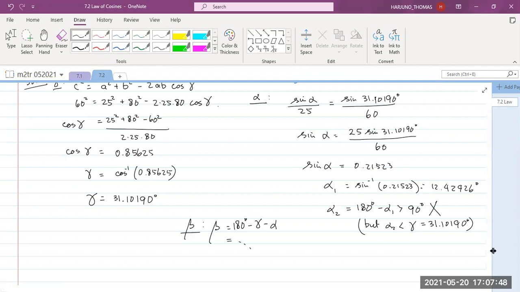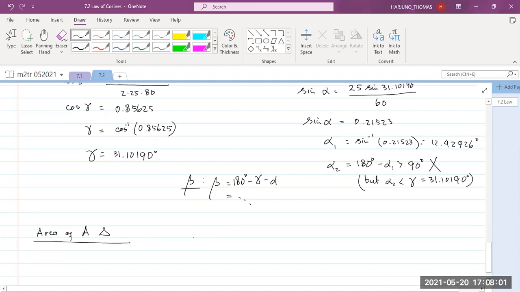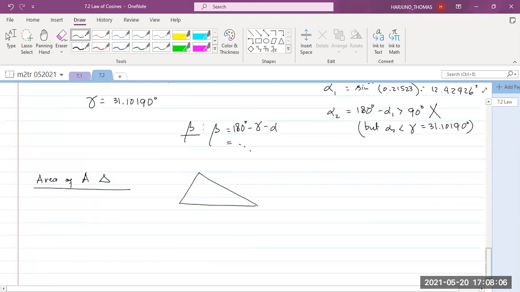Now, the follow-up part from this section, area of a triangle. Now we know given any triangle, let's say this is B and this is the height, the altitude, then the area of that triangle is 1/2 base times height.